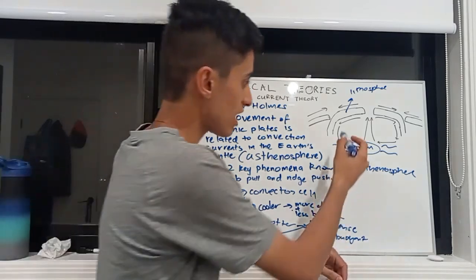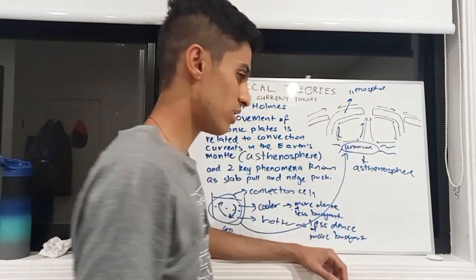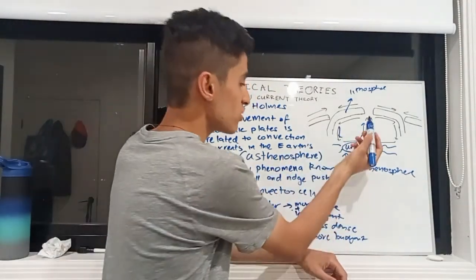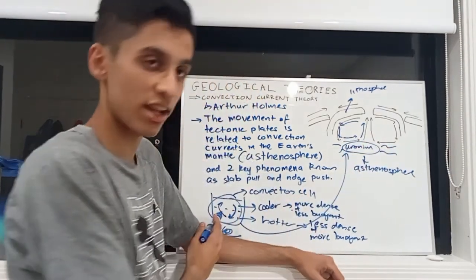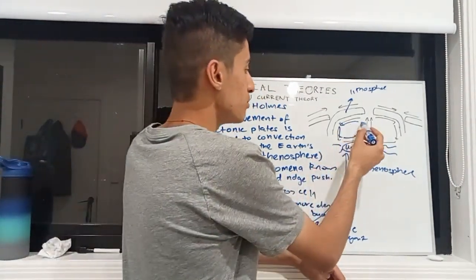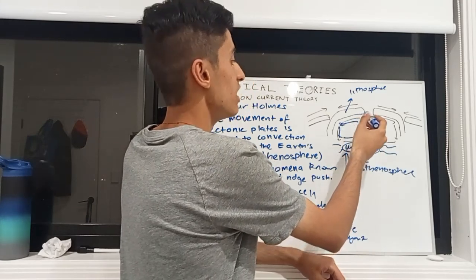Basically, as this hotter magma rises and this cooler magma sinks, they're going to move in these convection cells that I show here, and now the movement of the asthenosphere comes in contact with the lithosphere.